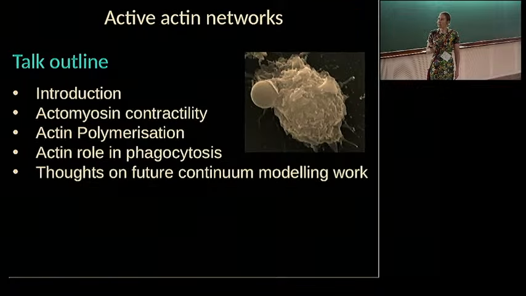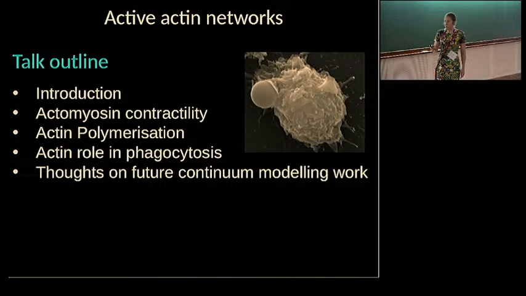In order to look at the physics of what's happening in complex processes like this, we need to look at the material properties of the cell itself, and particularly the cytoskeleton. So I'm going to be focusing today on actin, which is one of the components of the cell cytoskeleton.